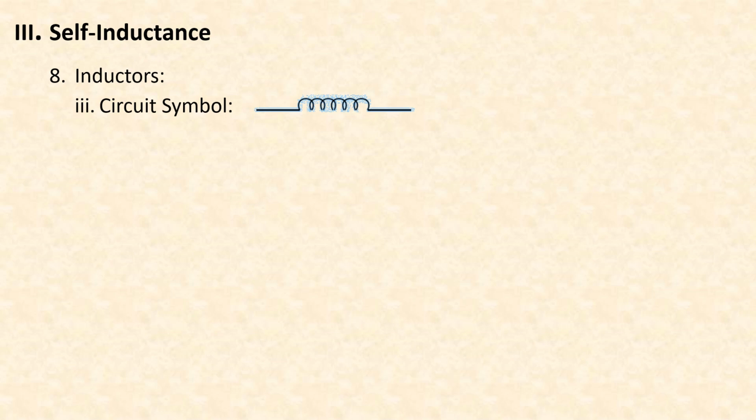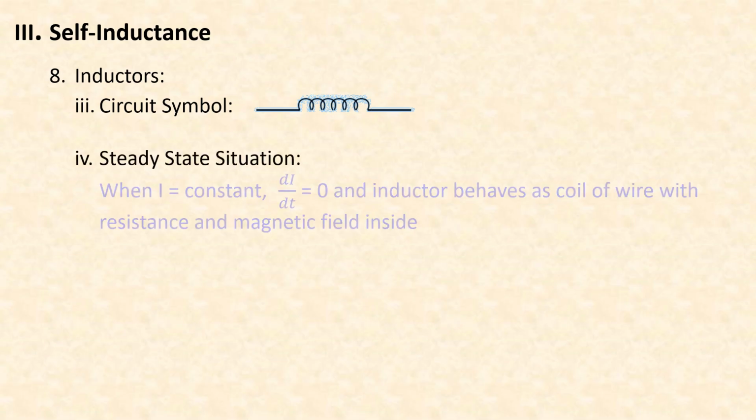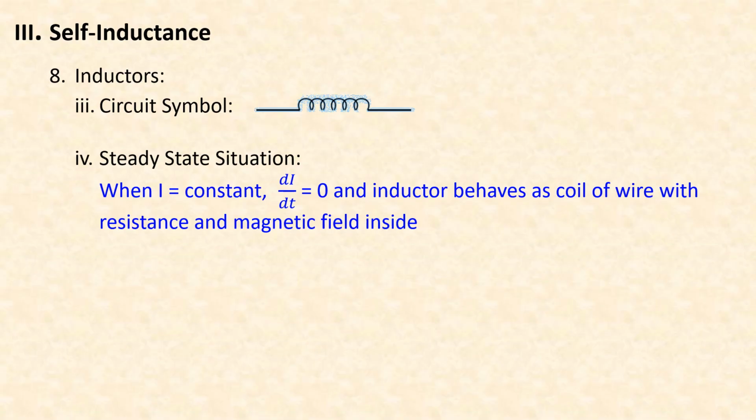Let's take a look at what happens when you have an inductor in a circuit in a steady state situation. In other words, when the current isn't changing. When the current is constant in the circuit and does not change in time, the inductor behaves simply as a coil of wire with resistance and a magnetic field inside. And as we'll see, this magnetic field will store magnetic potential energy.